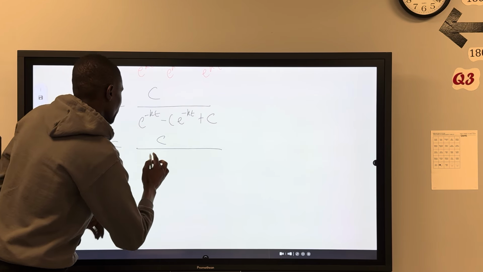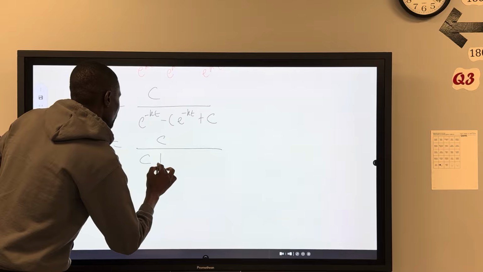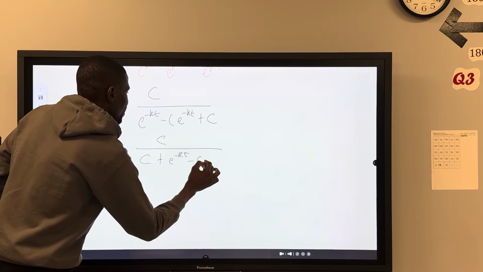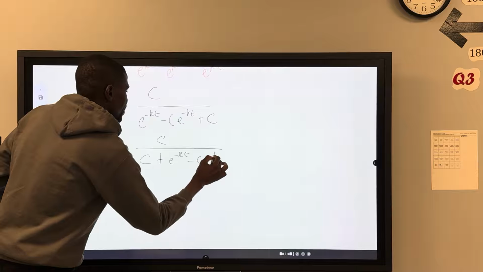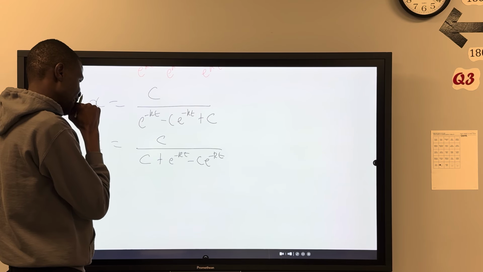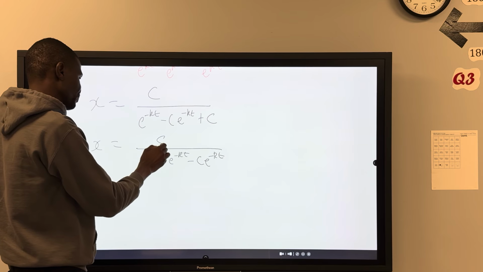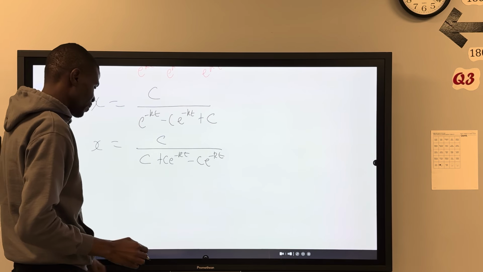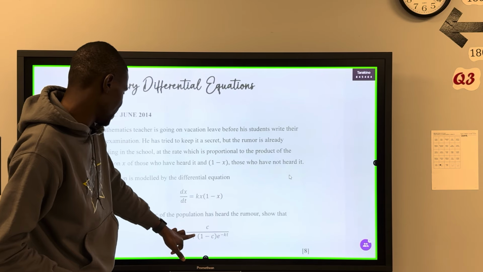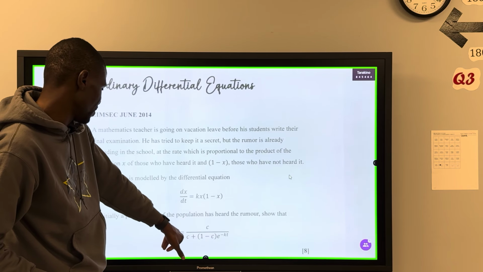I can play around with these terms so that I have c plus e to the negative kt minus c minus e to the negative kt. Then I can take out c, because coming back to the question, we need to show that it's c over that.